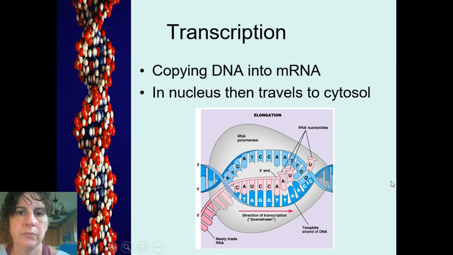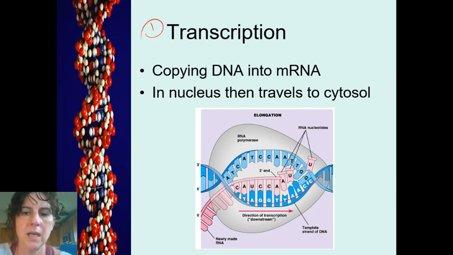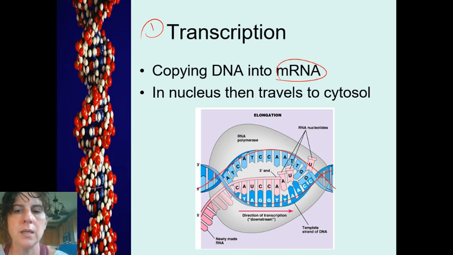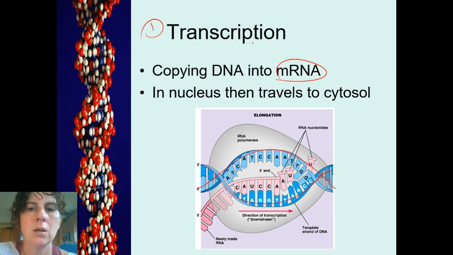Okay, so first step, transcription. Here's my DNA in blue. DNA separates. I use one side of the ladder to bring in my messenger RNA nucleotides to build my messenger RNA. And remember, that is called RNA polymerase.